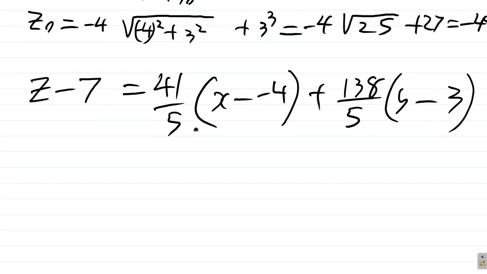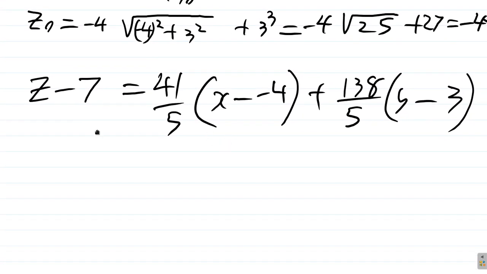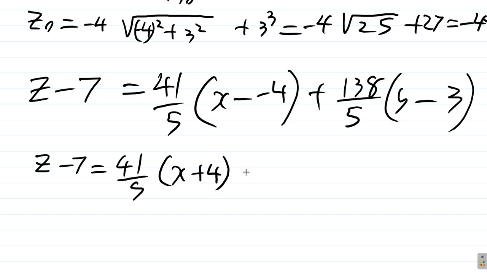Alright. We could expand out and see what the equation looks like if everything is flat, and get rid of the fractions and the brackets. So z minus 7 is equal to 41 over 5 times x plus 4, plus 138 over 5 times y minus 3. Multiply everything by 5.